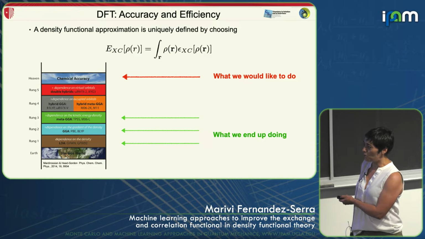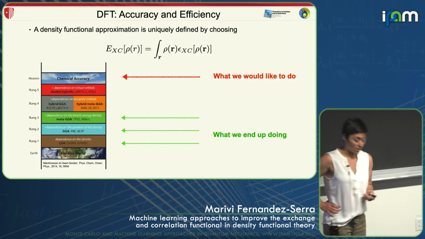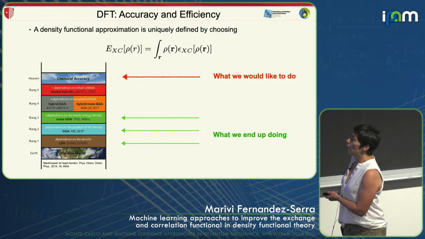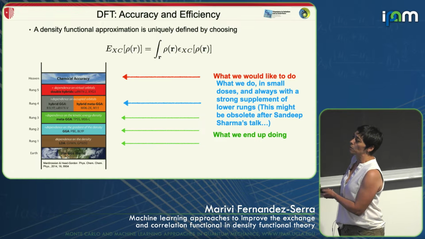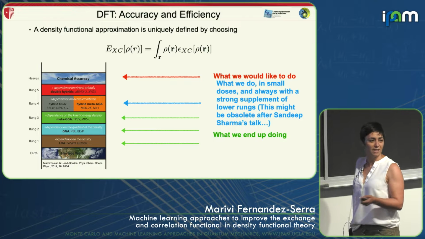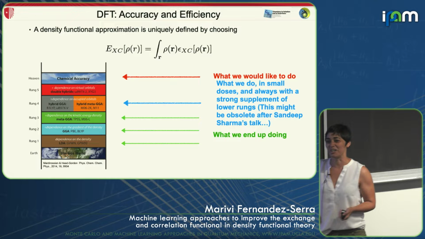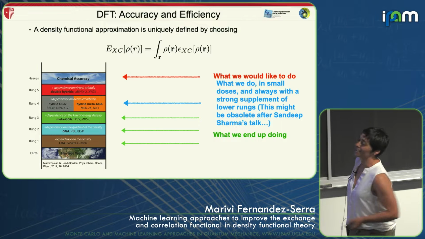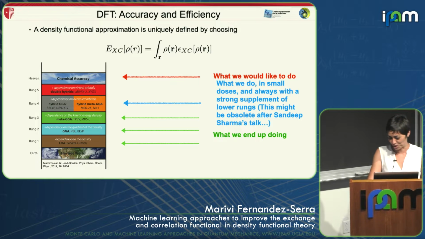And so, of course, this is what we end up doing, which are approximations that we can relatively easily compute. And what we do in small doses is include higher ranges, so, of course, hybrid methods. And this is what I usually had. I think this might be obsolete after Sandeep's talk. Or Sandeep, is he? Okay. So it looks like we are going to be able to very efficiently calculate exact exchange, but I'm going to assume that that's actually not the case.